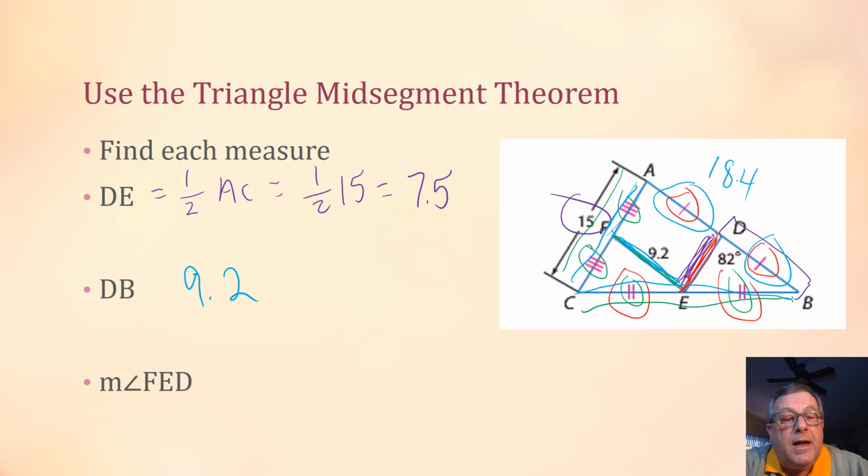All right, let's see. Now we got an angle measure. The angle measure of FED. So we're talking about this angle right here. And the only angle measure that we know is here at, let's say, BDE.